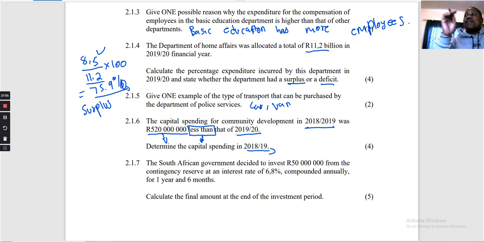So if it is 520 million, they need you to calculate the previous capital spending of 2018-2019. But they are telling you that the one of 2019-2020 is more than that of the previous year. Okay, by how much? By 520 million.